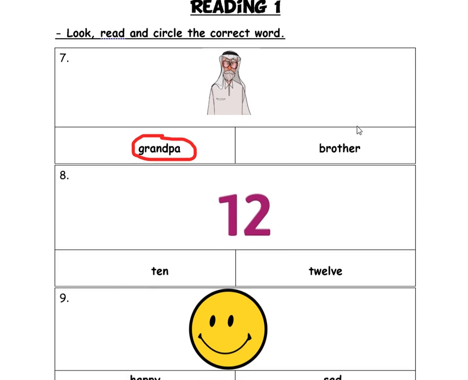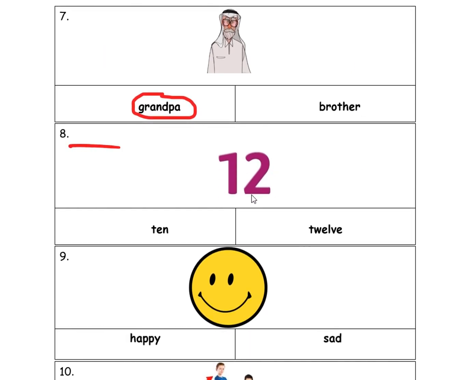Number 8. This picture says 12. So which one is 12? This word or this word? We have here 10 and here we have 12. So we circle it just like that.